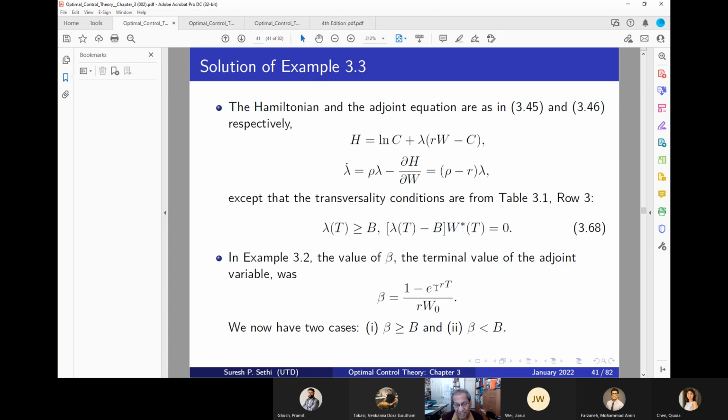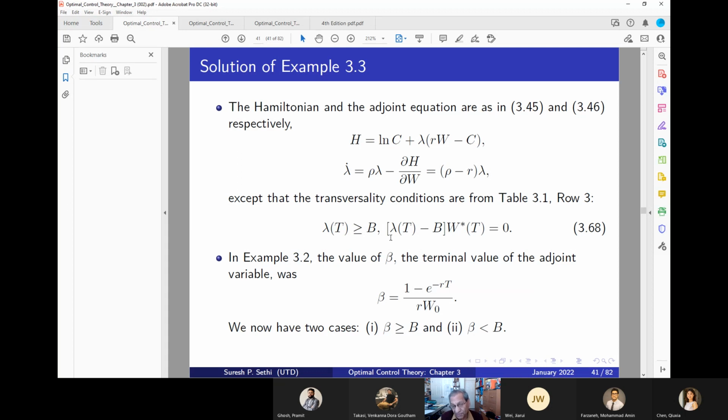So if that gives me 0 wealth, then any value of beta has to be satisfied like this one. That means if b is small enough so that this beta is bigger than b, certainly this beta is positive, so certainly if b was 0, beta is bigger than 0, and this condition will be satisfied by the previous example.